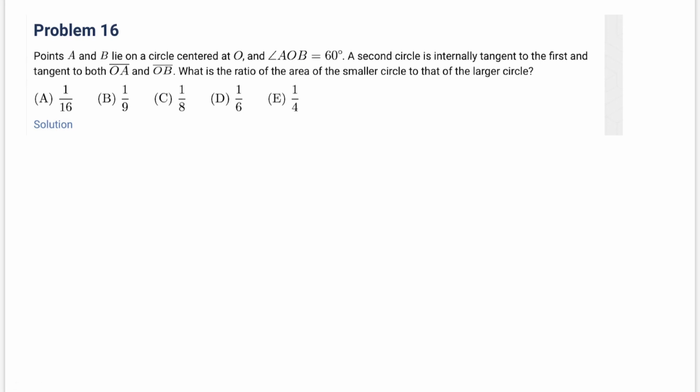Number 16, points A and B lie on a circle centered at O, and angle AOB is 60 degrees. A second circle is internally tangent to the first and tangent to both OA and OB. What is the ratio of the area of the smaller circle to that of the larger circle?